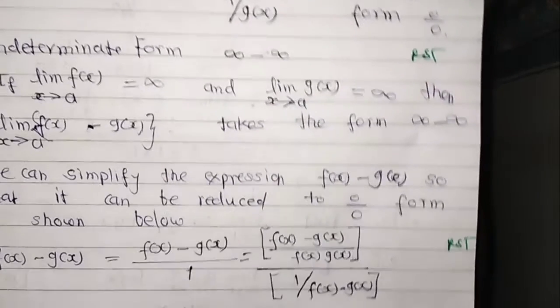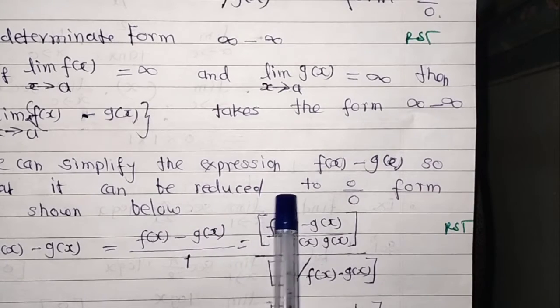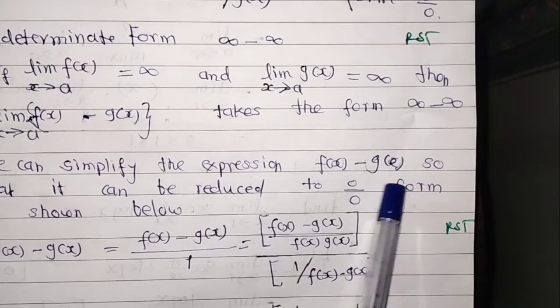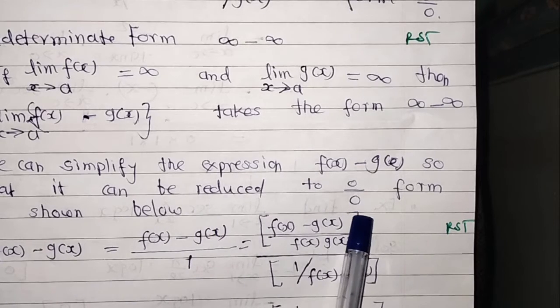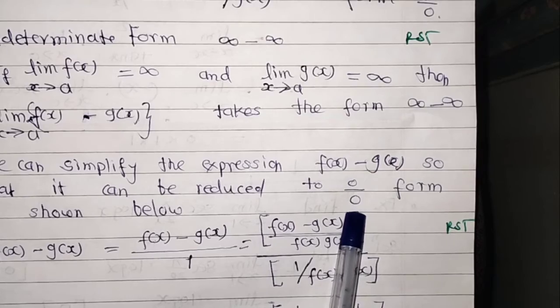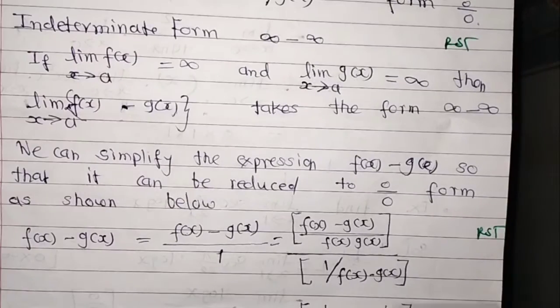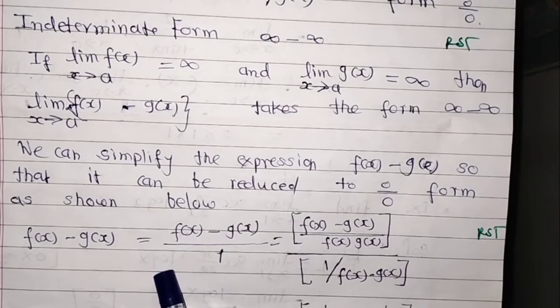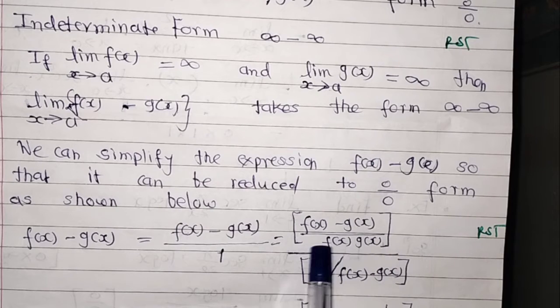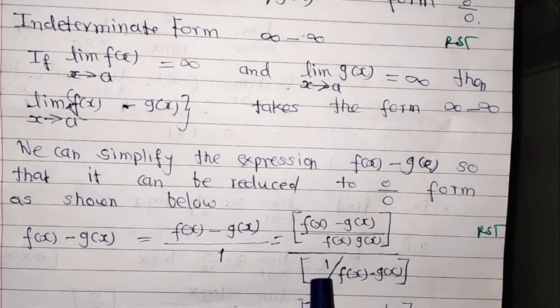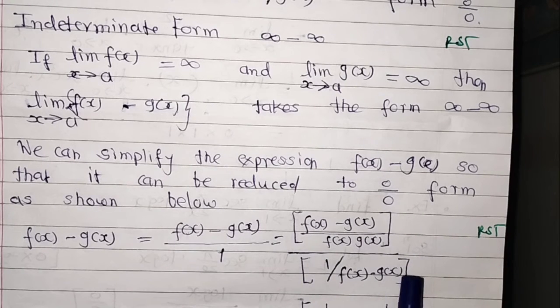We can simplify the expression f(x) minus g(x) so that it can be reduced to the form 0 by 0 as shown below. f(x) minus g(x) equals f(x) minus g(x) upon 1, which can be written as, in brackets, f(x) minus g(x) upon f(x) g(x), complete, upon, in brackets, 1 upon f(x) minus g(x), complete.